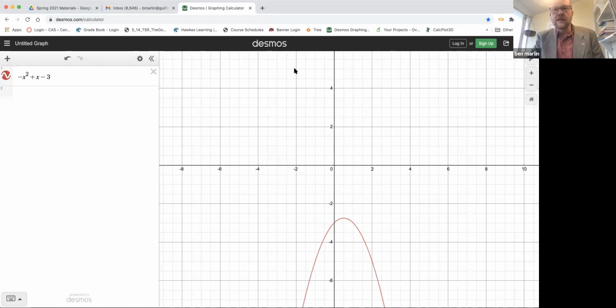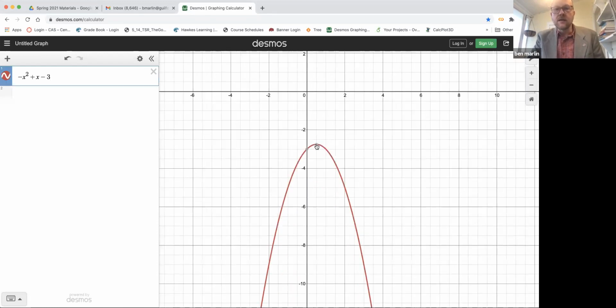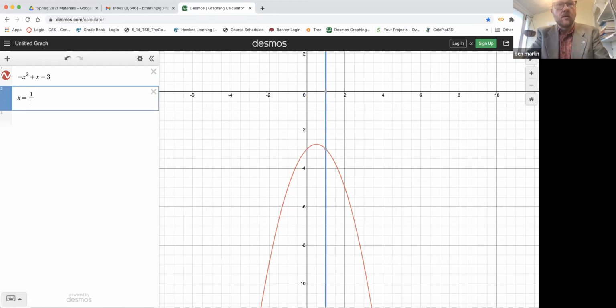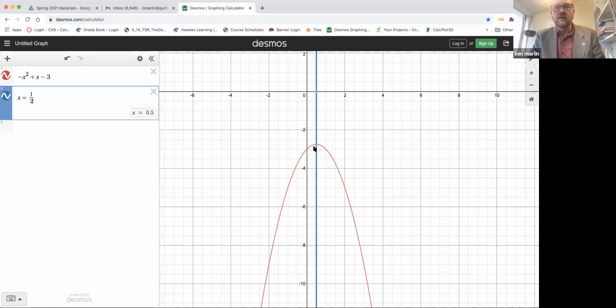And then you can see on the graph, we have that point that I made reference to and that intercept. And if you want to go ahead and put in the x equals 1/2 line as well, then we can see all those pieces of it at once, okay?